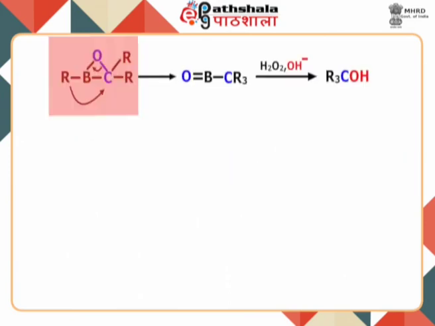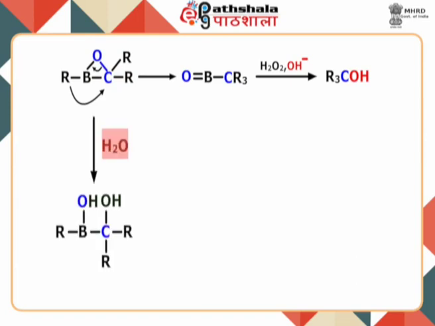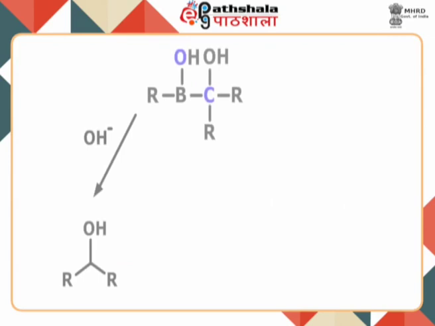If this epoxide that we had got is treated with water, that is it undergoes hydration, it will add water and as a result you get this diol. This resulting diol further on treatment with base gives the alcohol. You can clearly see here in this case this boron part has been replaced by H and you get this resulting alcohol.